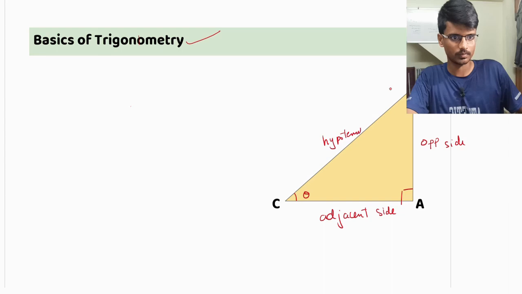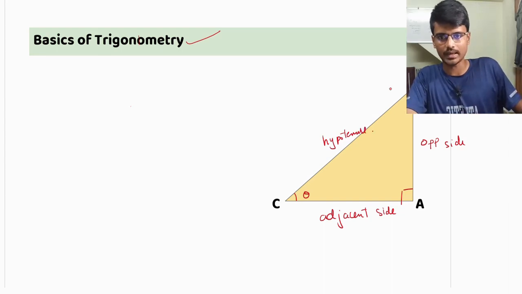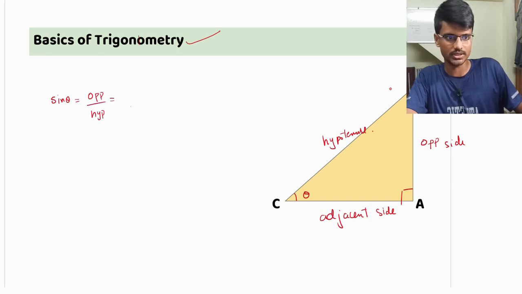So sine theta, this is a trigonometric ratio which is defined as opposite by hypotenuse. What is my opposite? AB. AB by BC. Similarly, cos theta, the cos of angle theta, is defined as adjacent by hypotenuse.